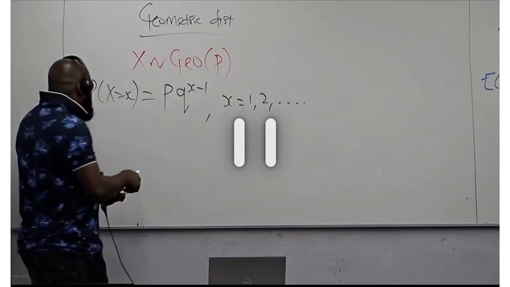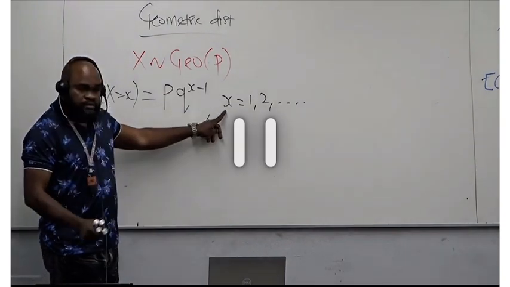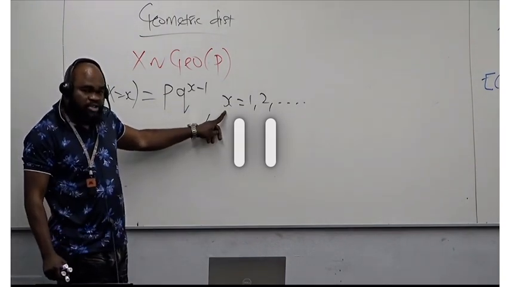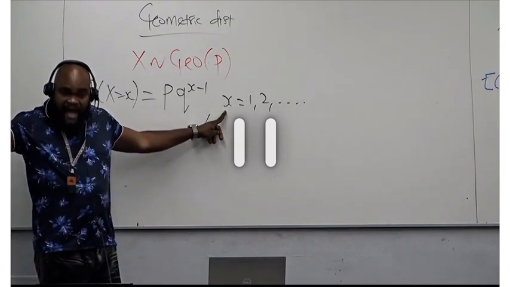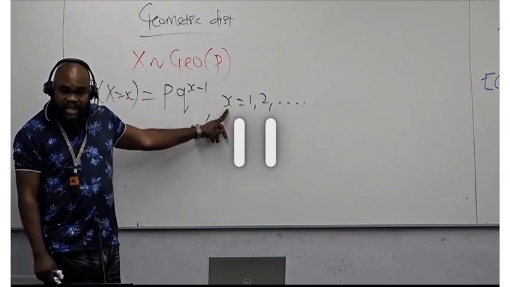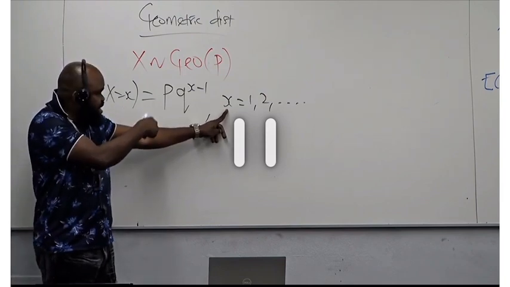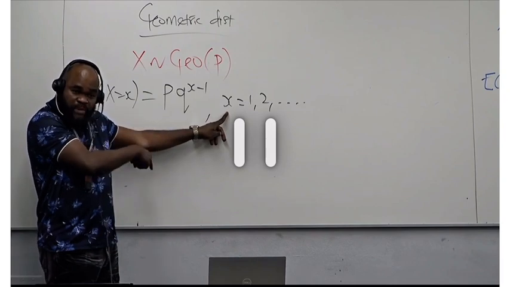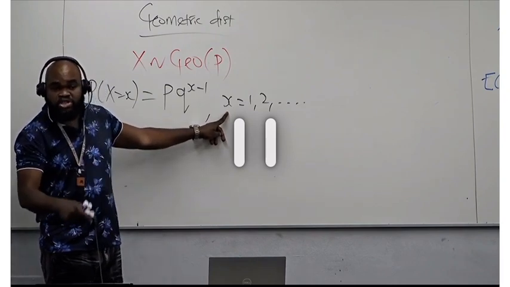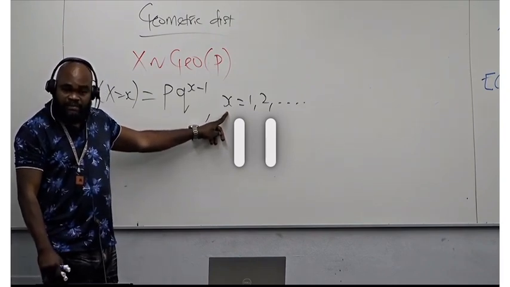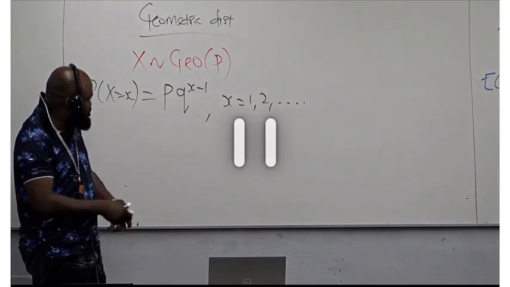And of course, x here does not represent the number of successes, because in binomial, x represents the number of successes. But right now, x in geometric represents the number of Bernoulli trials before recording the first success.